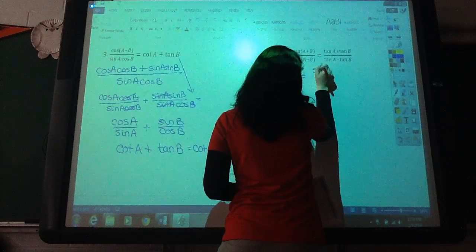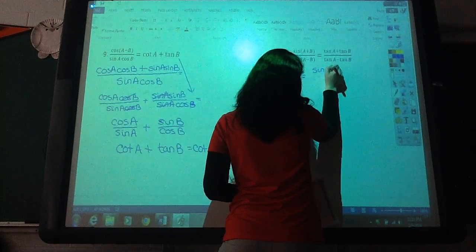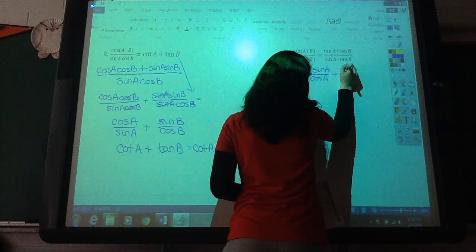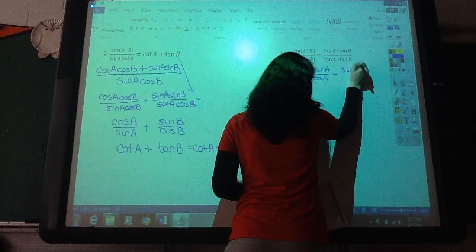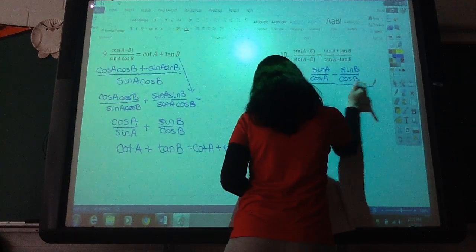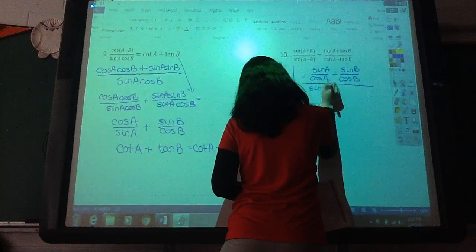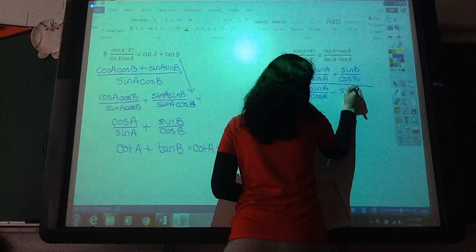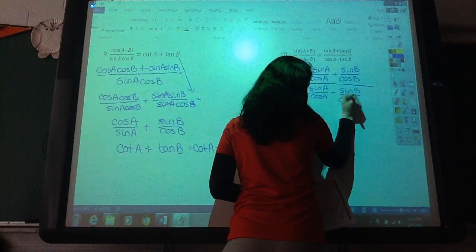So this is going to be sine A over cosine A plus sine B over cosine B, all over sine A over cosine A minus sine B over cosine B.